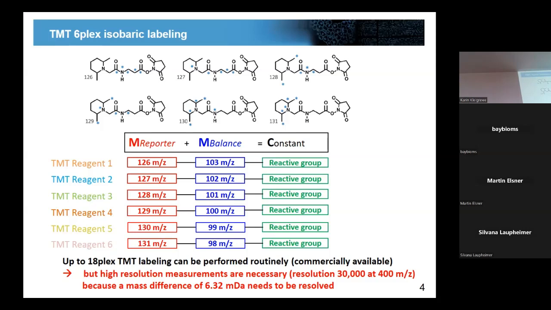However, to do that, the mass difference is very small, only 6.3 millidalton, and you need very highly accurate mass spectrometers to be able to measure 18-plex. TMT 11-plex is what we still do a lot in the facility, compared to TMT 6-plex, where you have always 1 m/z difference. So in a way, you can understand TMT reagents like barcodes. You can barcode different samples with different reagents.